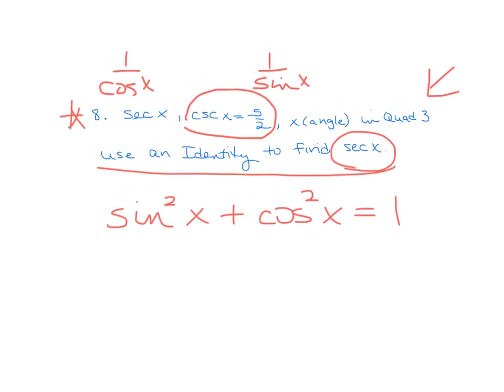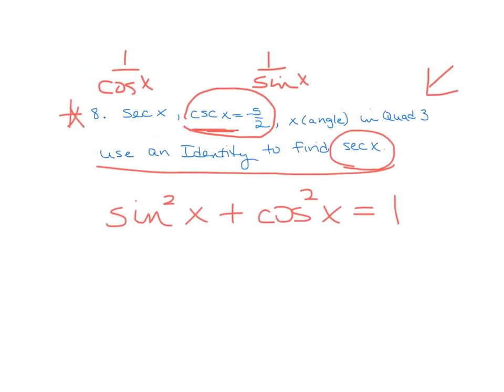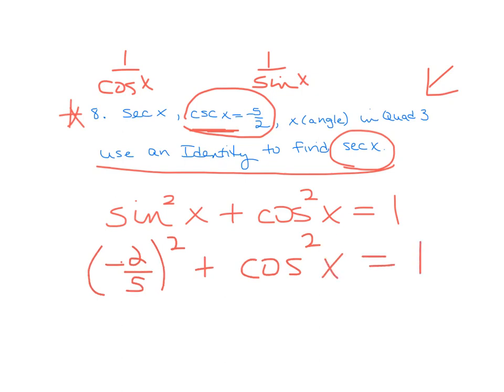So let's go ahead and change cosecant to its reciprocal so I can get the value of sine. So sine is actually going to be negative 2 over 5. Flip it upside down. It's squared. When you did this on the chapter 5 test, a lot of people forgot to square. So remember, the Pythagorean identity has a square in it. So plus cosine squared x equals 1.